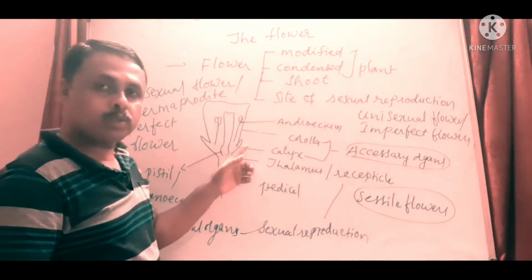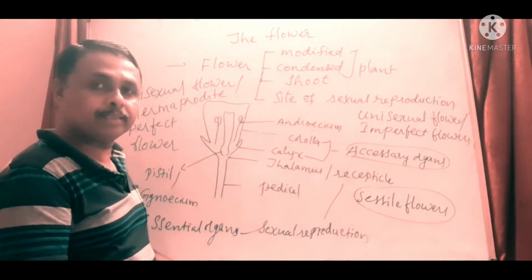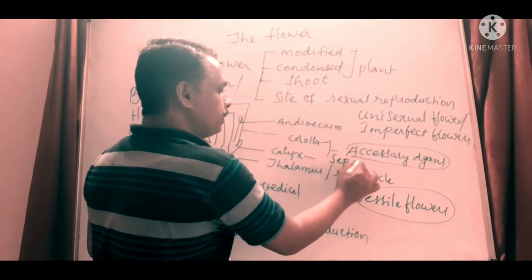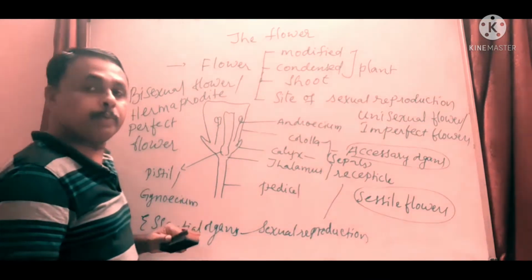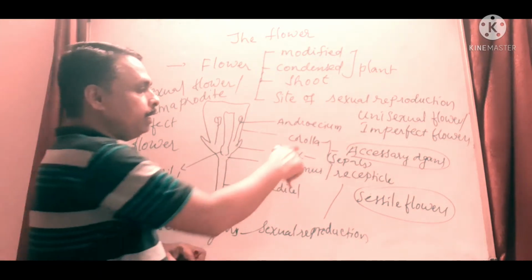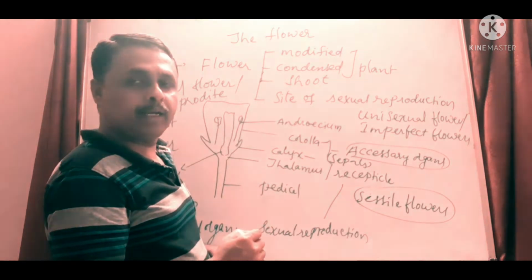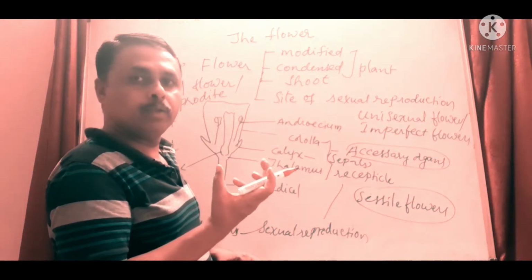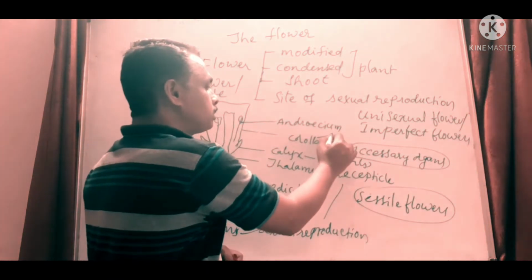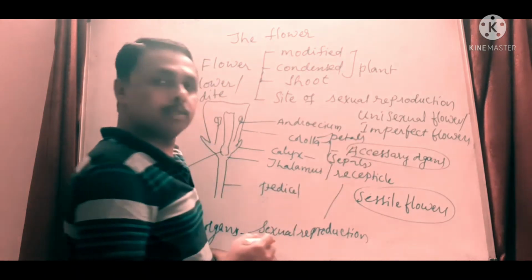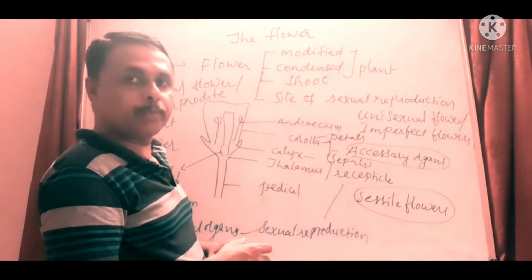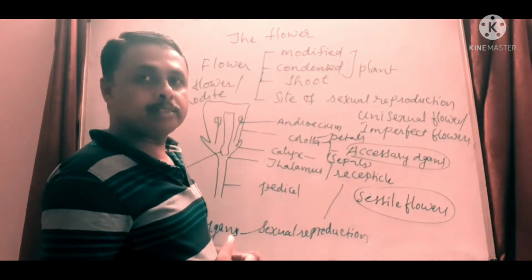The outermost structure is called the calyx. The calyx is composed of green leaf-like structures called sepals. They provide protection to the inner parts of the flower. And the corolla is composed of colored, attractive leaf-like structures called petals. These petals indirectly help sexual reproduction because they attract insects for pollination.